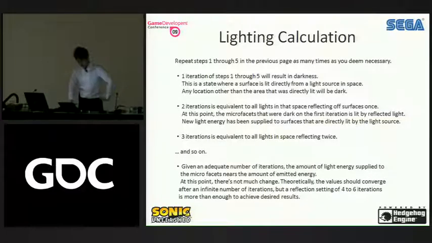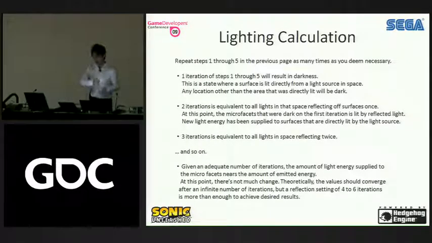At this point, the microfacets that were dark on the first iteration are lit by reflected light. New light energy has been supplied to surfaces that are directly lit by the light source.